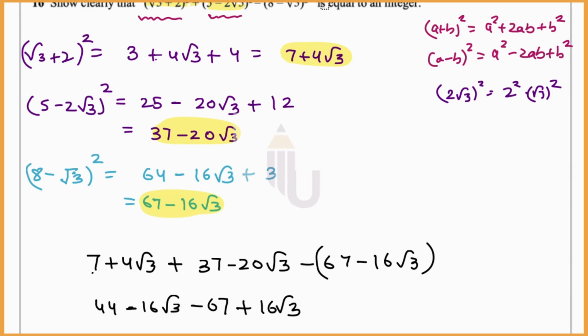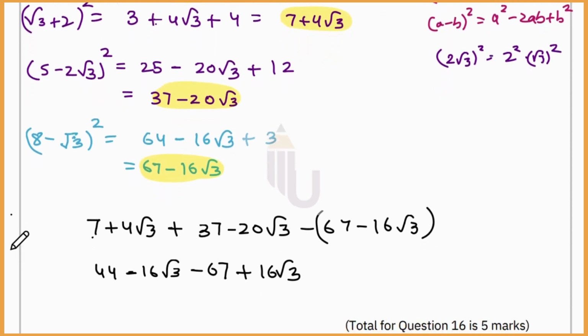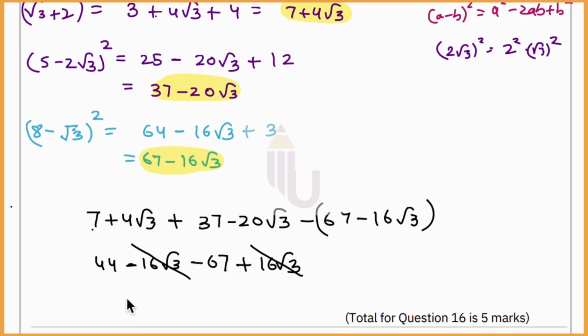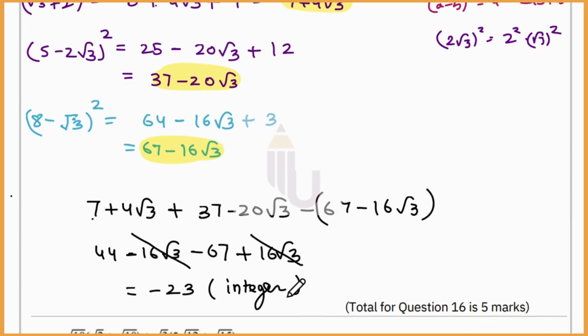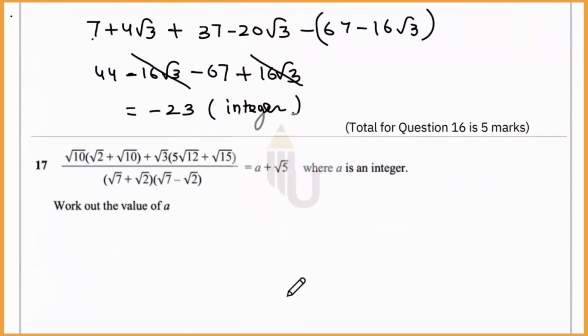Here we are trying to show that this is equal to an integer. Okay, we will simplify and we'll see that we might get an integer. Let us see. So minus 16 root 3 plus 16 root 3 will get cancelled. 44 minus 67 is minus 23. So that is an integer. Okay, we don't have to prove any value, we just have to show that it is an integer. Okay, hence proved.